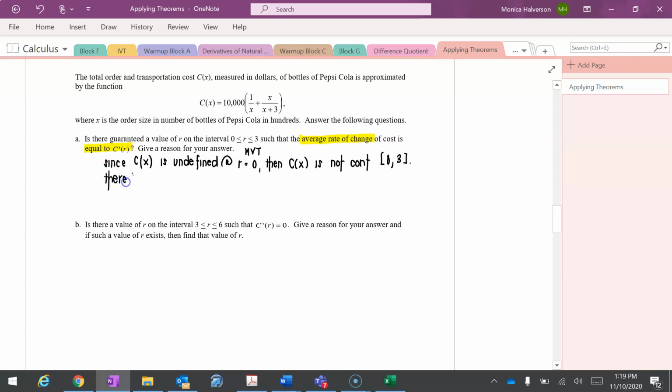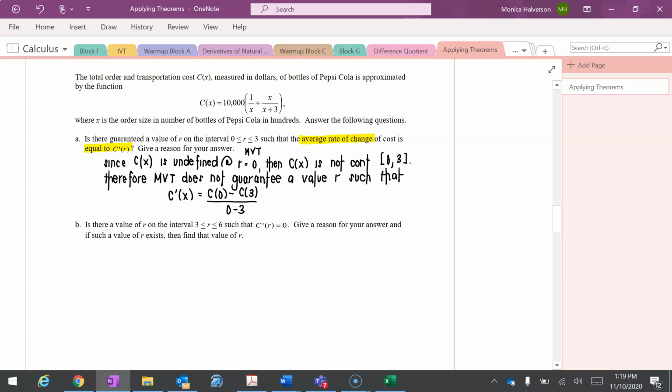Therefore, MVT does not guarantee a value such that the first derivative is equal to the average rate of change. Does not guarantee it.